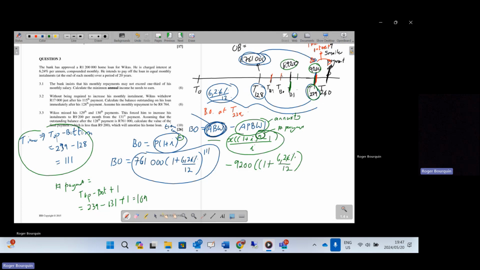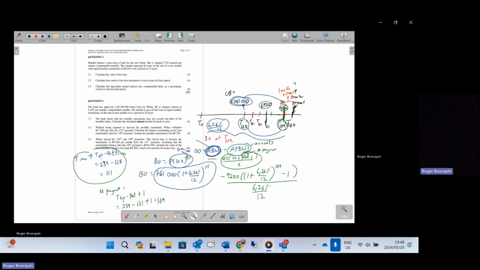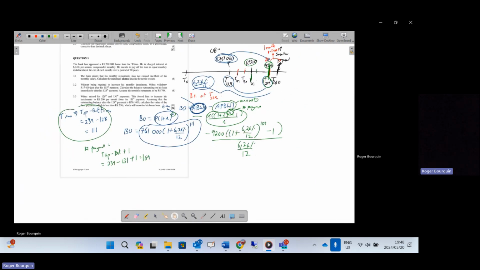So in our annuities formula, we're going to have 109 minus 1, then all over i, and i is 6.24% over 12. Now we're going to stick that all into our calculator, and that's going to give us our balance outstanding immediately after the payment at T239.